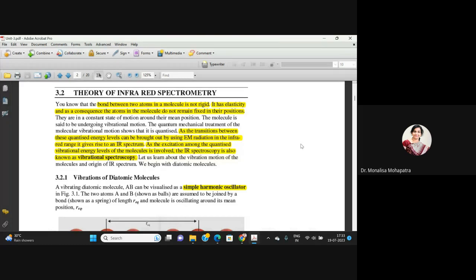Like I was telling you yesterday, all molecules will not show UV visible. All molecules will not show IR or Raman or microwave. There is some specific characteristic of the molecule that is very essential. First, the molecular characteristics or features are very important. Second, the radiation which falls on the matter is also important.